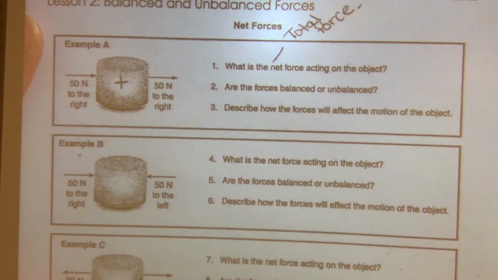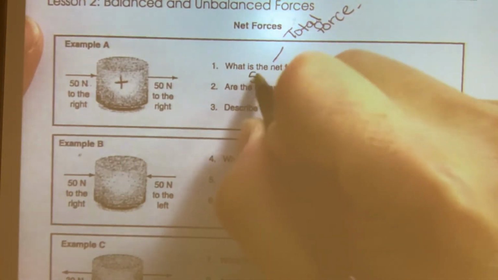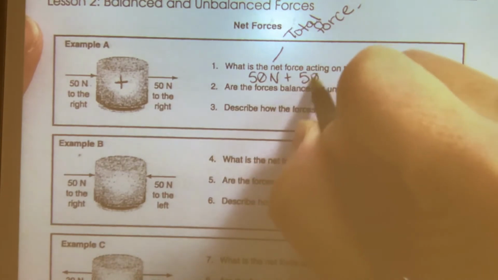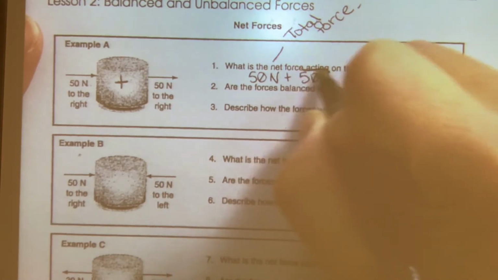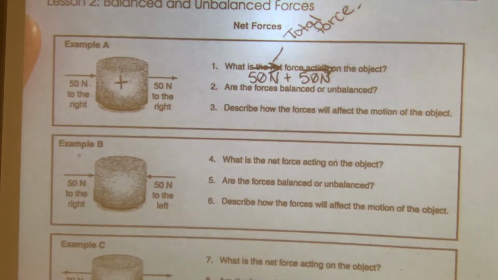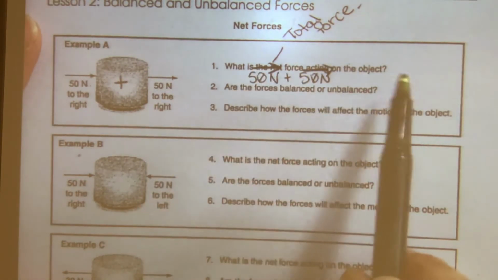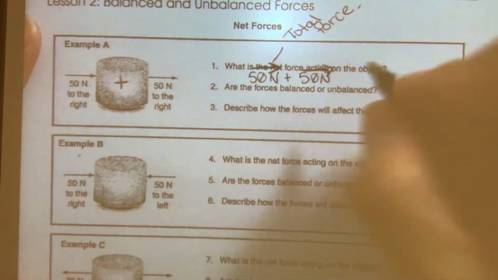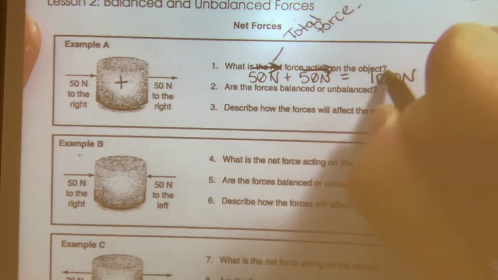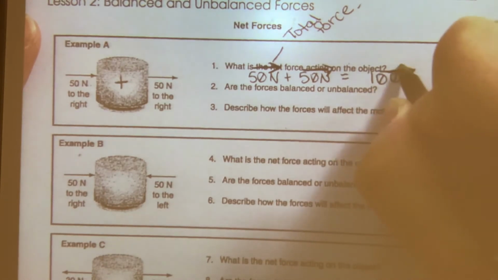So the total force acting on the object is 50 newtons, and I like to put a little line through my N's, plus 50 newtons, and then above them I'm going to draw an arrow showing which way they move. You can see my arrows pointing to the right. 50 newtons and 50 newtons equals 100 newtons. And then I'll draw my arrow above it.